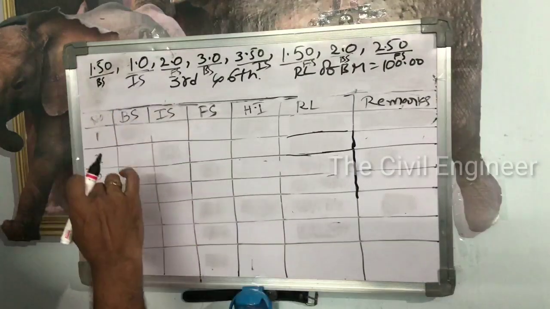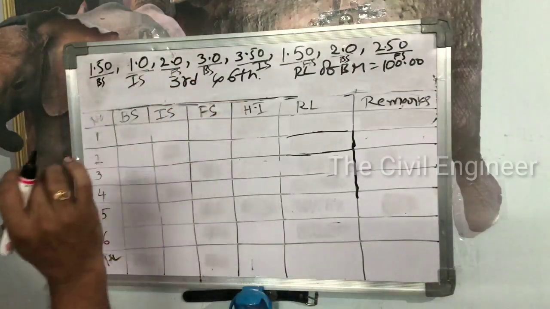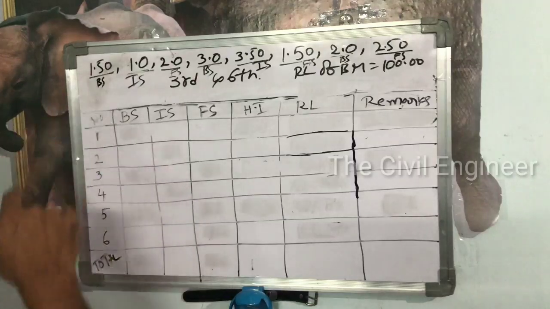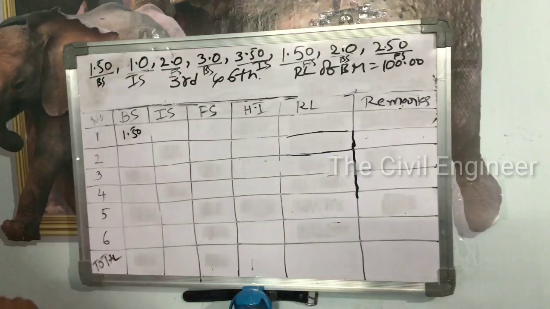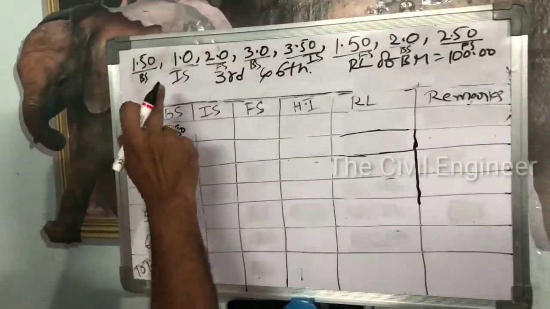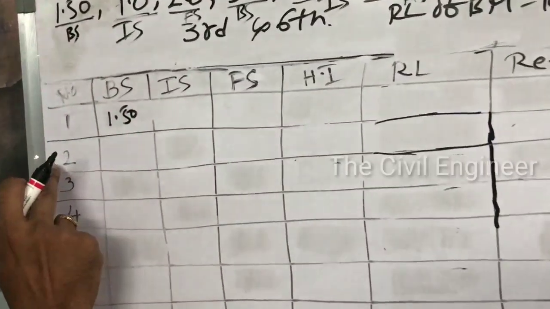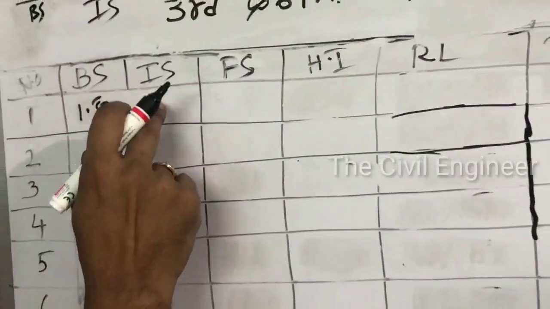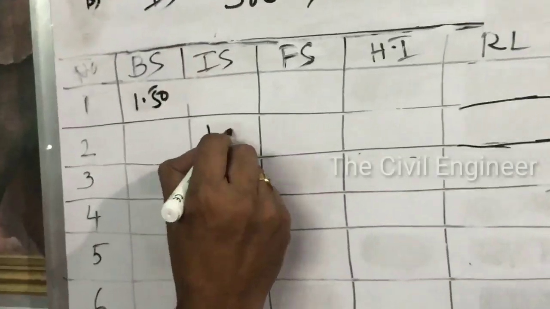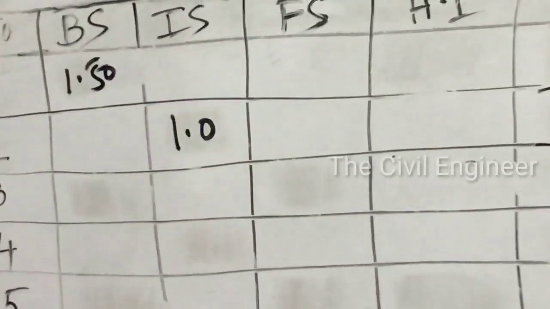Now posting of the staff readings into this tabular form. The first one is back side. So here I have written this 1.5 as a back side in the first row. The second one is intermediate side. So in the second row, in the intermediate side column, it is marked 1.0.